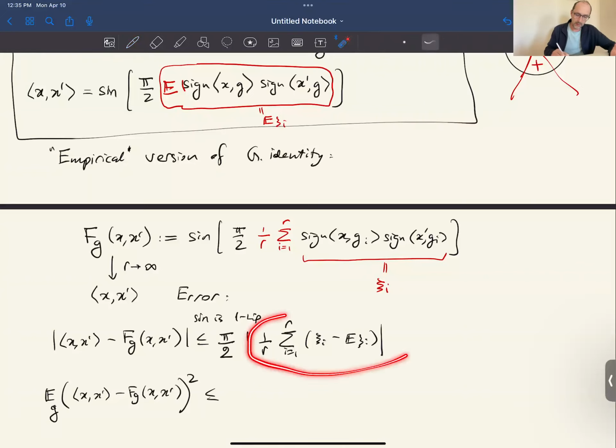Voila, we have the expected value of the square of this. That becomes just the variance of the sum. So pi squared over 4, and then there is r squared, and then the variance of the sum. Since they're independent random variables, the variance of the sum equals the sum of the variances.